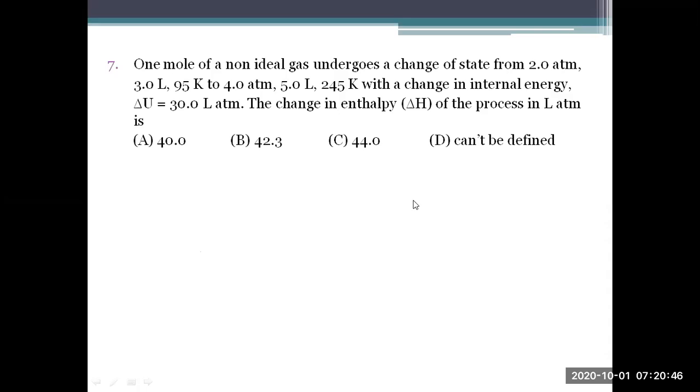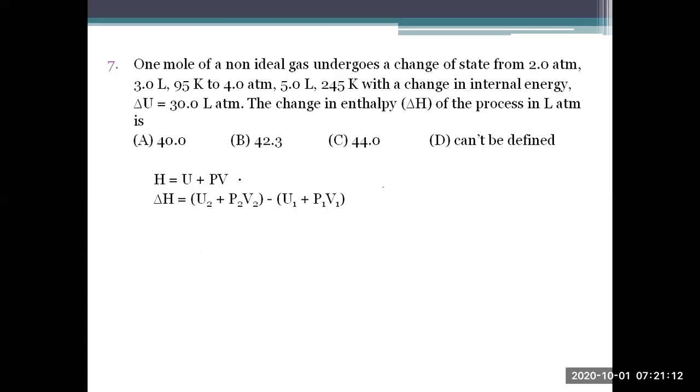Since pressure, temperature, volumes have been given, delta H is equal to delta U plus P delta V form must be used. But at two states, pressure and volume have been given, so better take up the equation in this manner. You know H is equal to U plus PV. For two states, H2 is equal to U2 plus P2 V2, H1 is equal to U1 plus P1 V1. When you take the difference, H2 minus H1 becomes U2 minus U1 plus P2 V2 minus P1 V1.